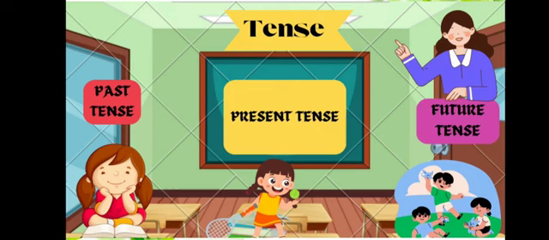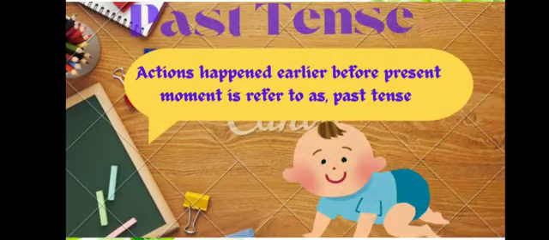Now move on. Here, the first one is past tense. What is past tense? Actions that happened earlier, before the present moment, are referred to as past tense. As I have said earlier, if I ask you what you are doing at the present moment, you will say that I am watching your video, ma'am.